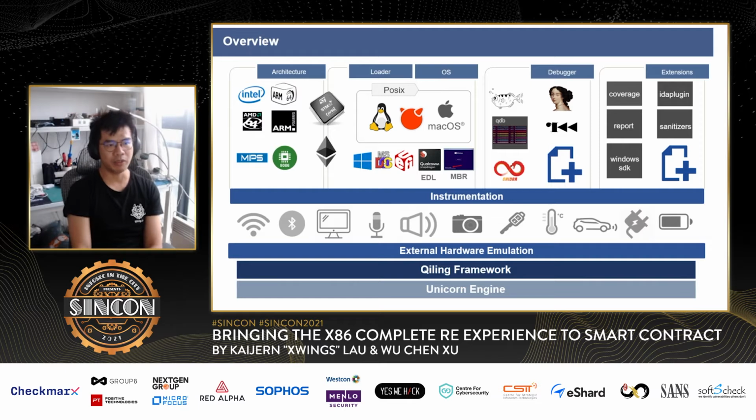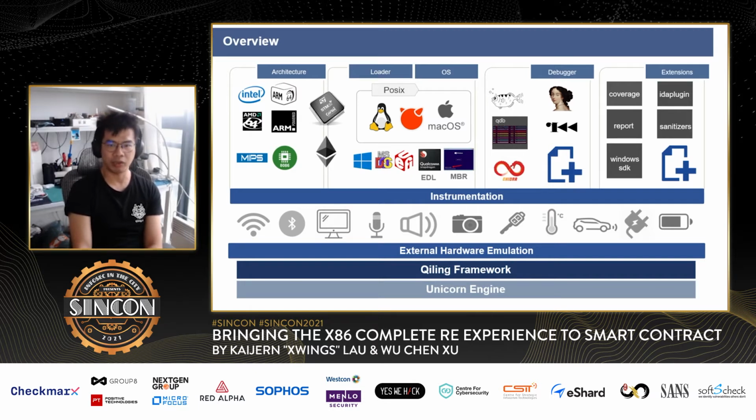So what you can think of is that the Unicorn engine is the CPU emulator. The Qiling engine is the OS emulator. Then from the Qiling engine, we have a layer where you can emulate different kinds of hardware. That is where the instrumentation comes in, and all the APIs come in.